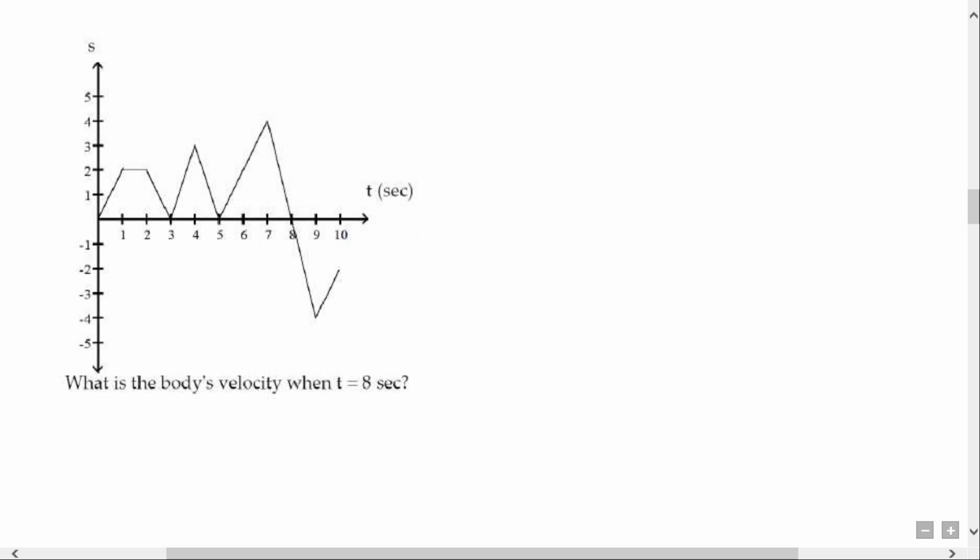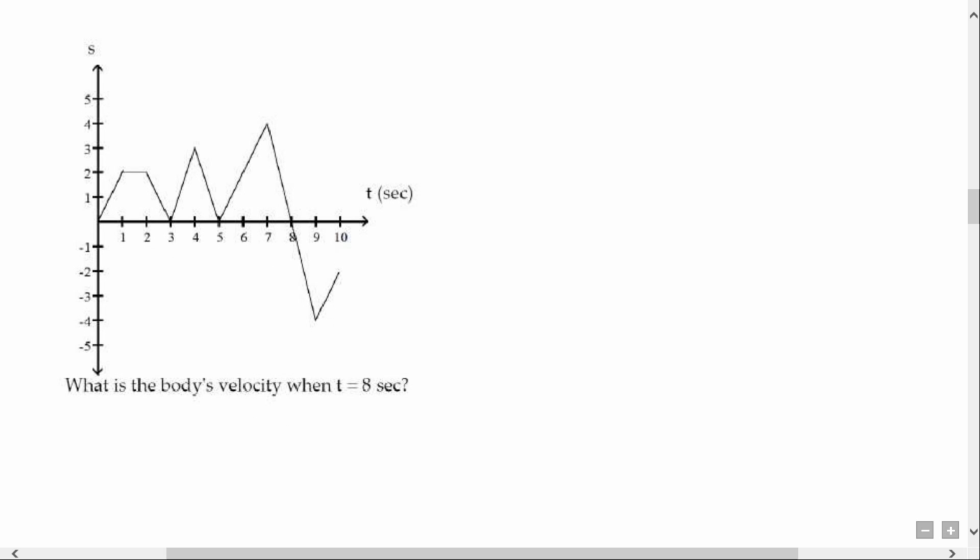Now, this next problem is to find what the body's velocity is when t equals 8 seconds. At t equals 8 seconds, we see the velocity would be equal to ds/dt, which is the slope of this line.